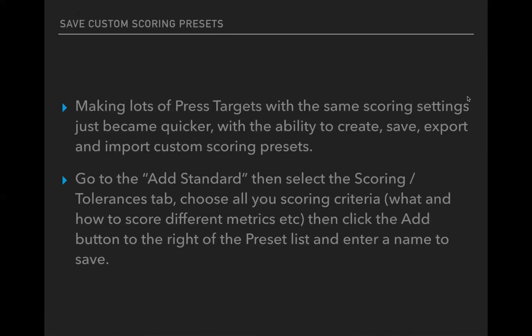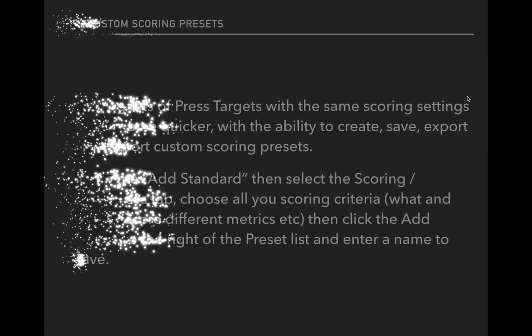So whether you're scoring overprints, or secondaries as they're called now, or whether you want to disable the scoring of spot color tints, or how you want to evaluate grey balance, etc. You choose all of that and put in the number of points that you want and the tolerances that you want to use, and then in the top of the window you'll see the tolerances list.